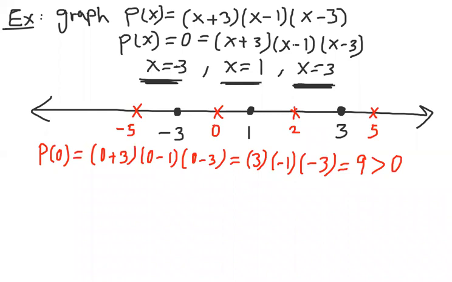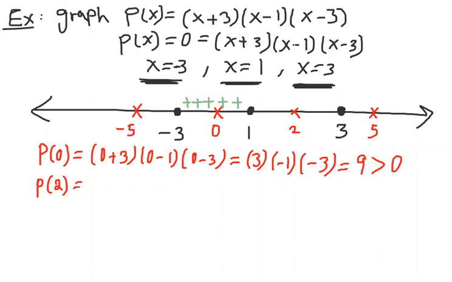So the sign will be positive. No, not in this side, sorry. In this one, here. Here, it's positive here. So from minus 3 to the 1 is positive. Now we're taking p of 2, we do the same things.